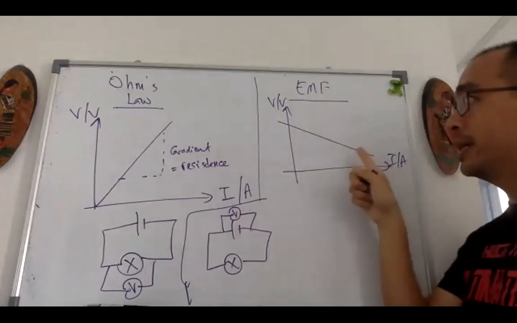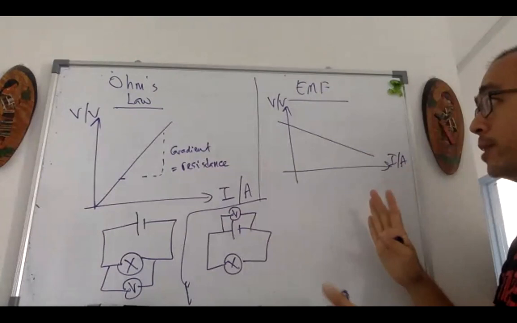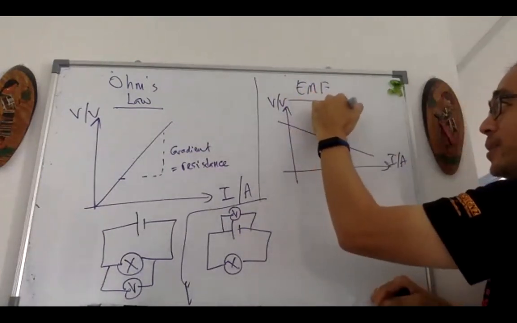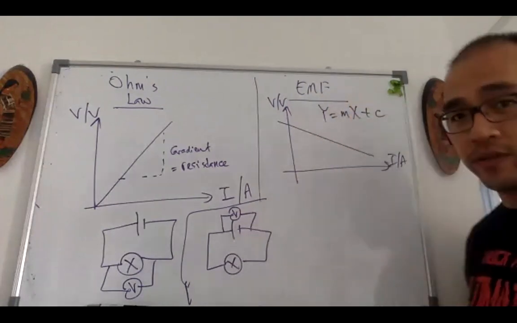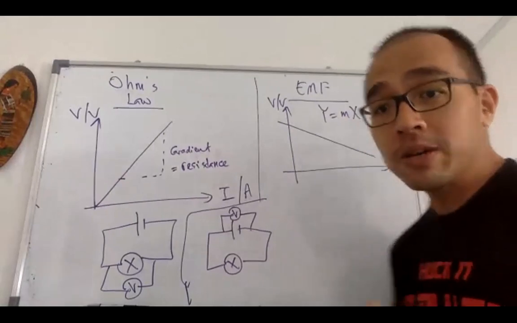Now if we learn anything from linear law, I can form the y equals mx plus c. I bet you never thought that this would come in this chapter, right? But anyway, it's coming in this chapter. y equals mx plus c.